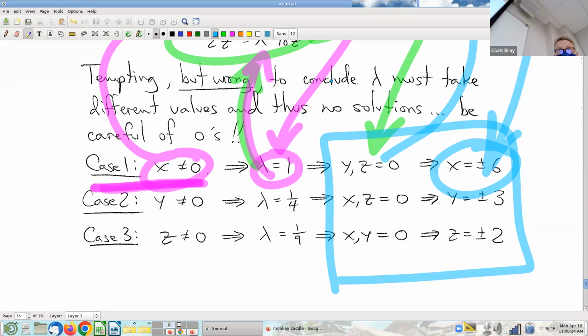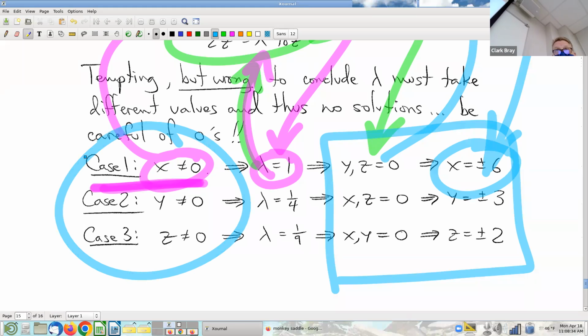Because I don't have to. The cases that I'm considering just need to be exhaustive, right? So any case that I can dream of that could possibly work has to be in one of these cases, whether lambda is 0 or not 0 or whatever, right? I know that at least one of my x, y, or z has to be non-zero because I know the origin doesn't work. So you don't have to enumerate every possibility.